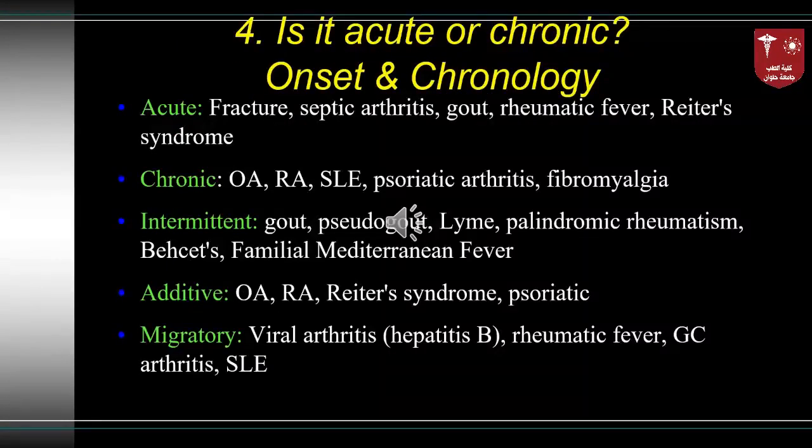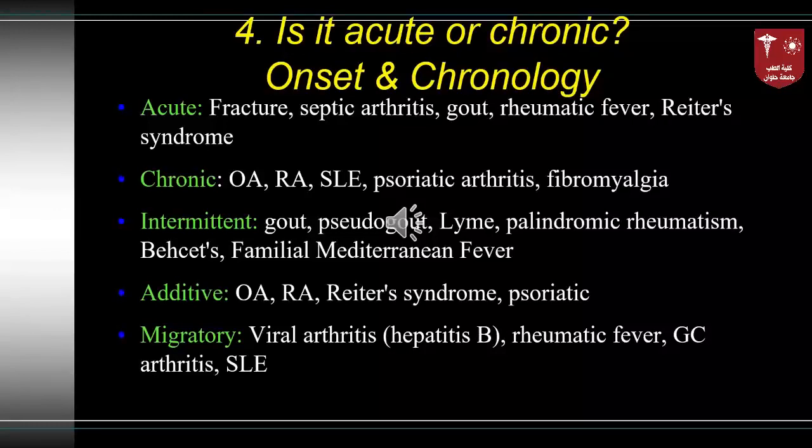By acute in rheumatology we mean hours or maximally days. By chronic we mean 6 weeks or more. So chronic arthritis is affection of the joint for 6 weeks or more, and this is a list of some diseases calling either acute, chronic, or intermittent.